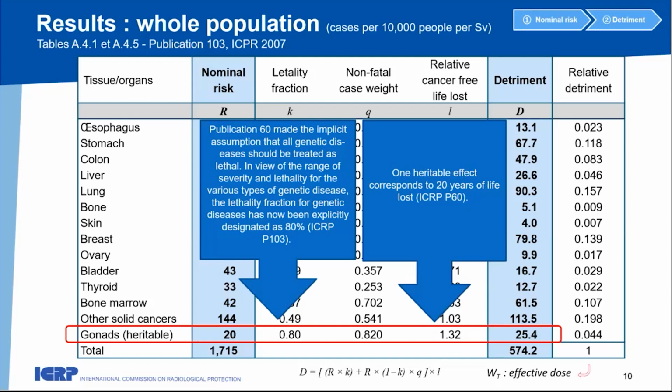Why did they have a feeling that it should be a bit bigger, and what difference would it make? Maybe just because WT for hereditary effects was much larger in Publication 60. For historical reasons, yeah. It's not a good reason, but maybe it's part of the explanation.